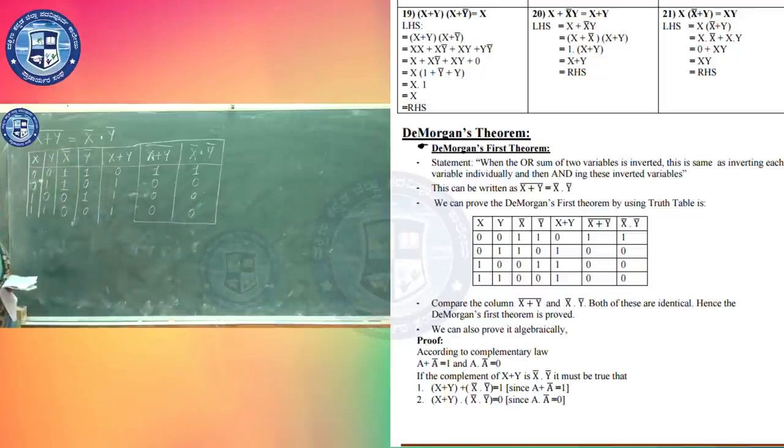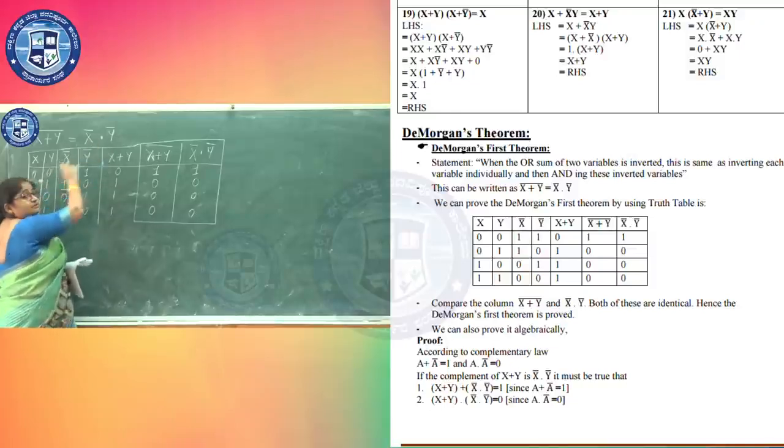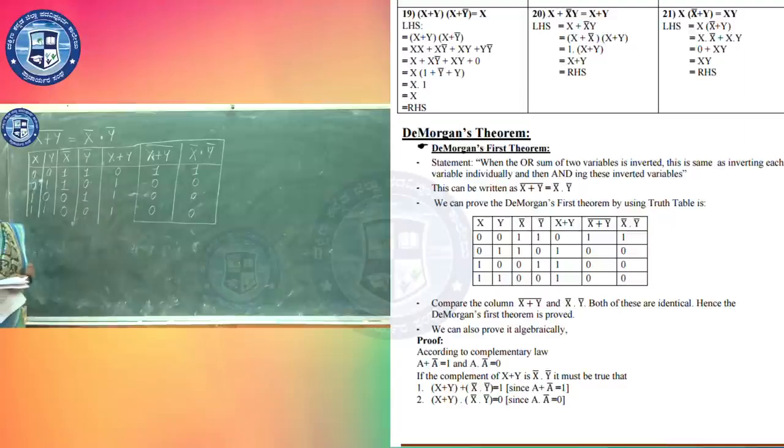The theorem states that when the OR of two variables is inverted, that is equivalent to inverting each variable and then ANDing.